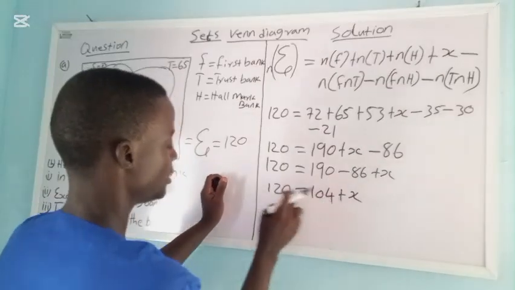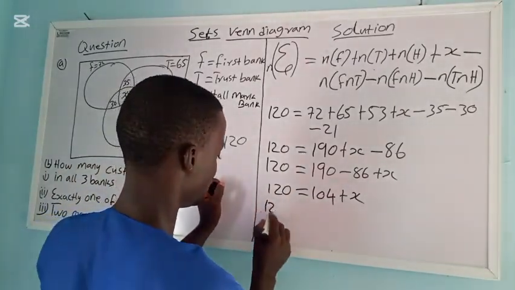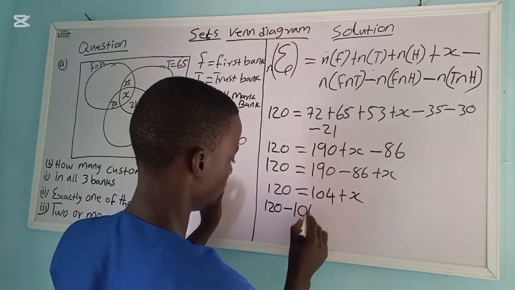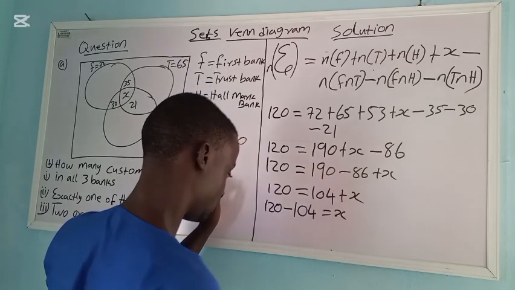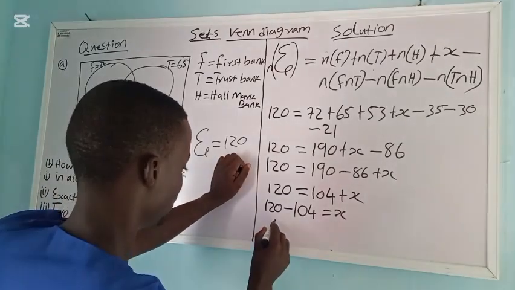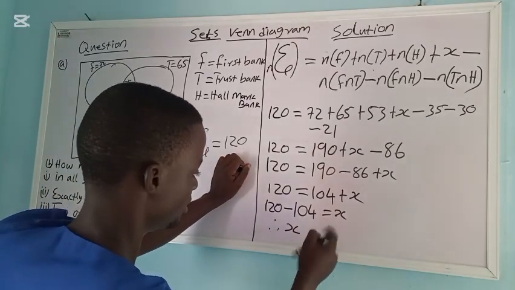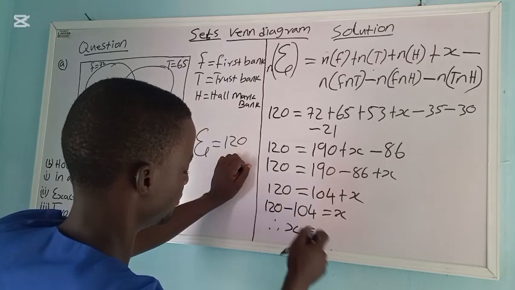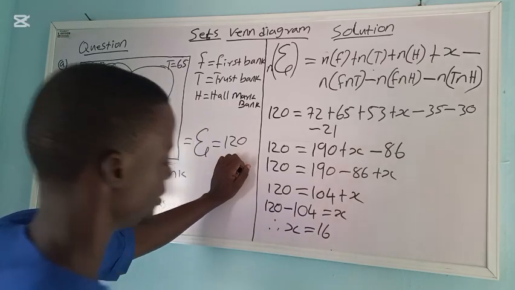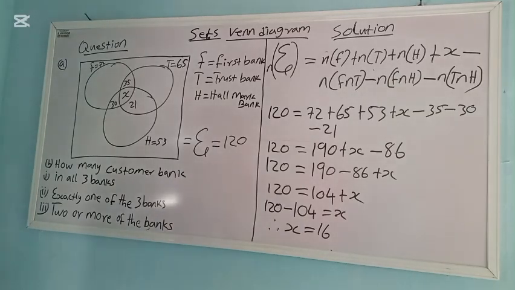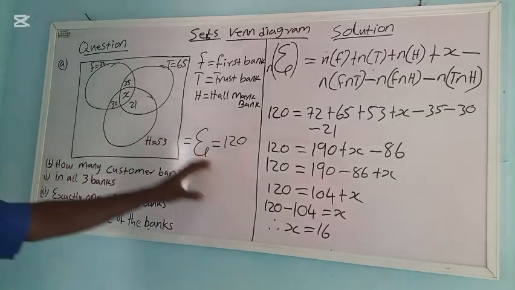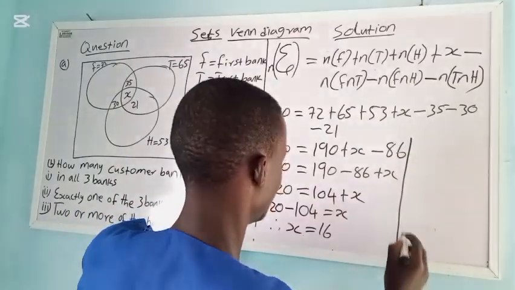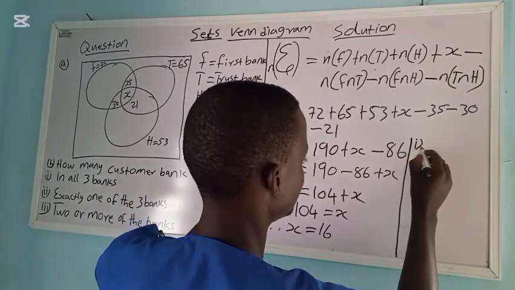So now we'll carry this one to this side, it will be 120 minus 104 is equal to x. Therefore this x is equal to 120 minus 104, we will have 16. So the value of x is what? Is 16. So let me draw the line. We will have Roman figure 1.